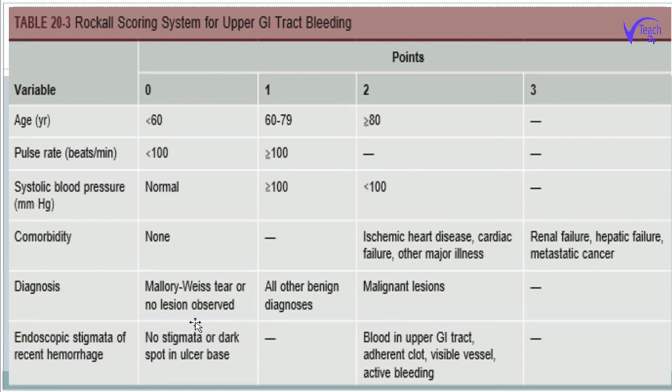So even post endoscopy there was no change. The Rockall scoring may be used twice, pre endoscopy as well as post endoscopy, and in this system we don't need any blood report, so that's why this is a bit better at the bedside. I hope you have understood. Thanks.